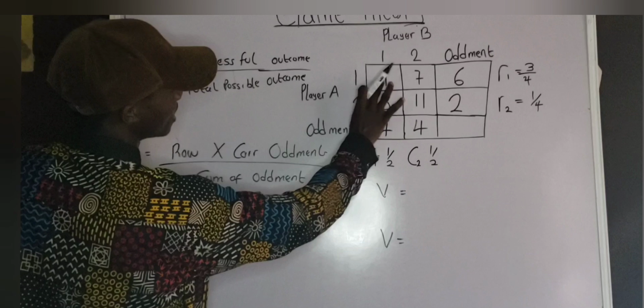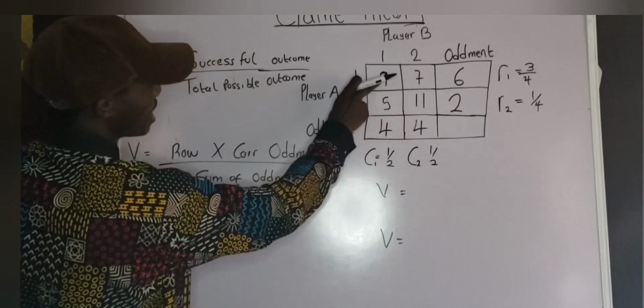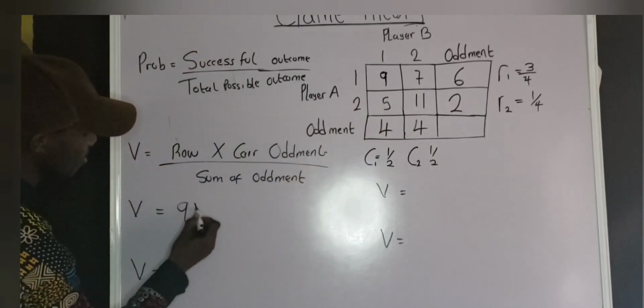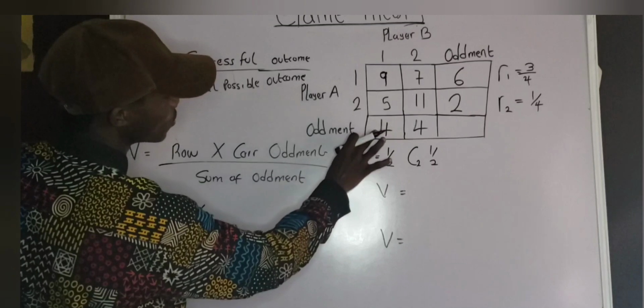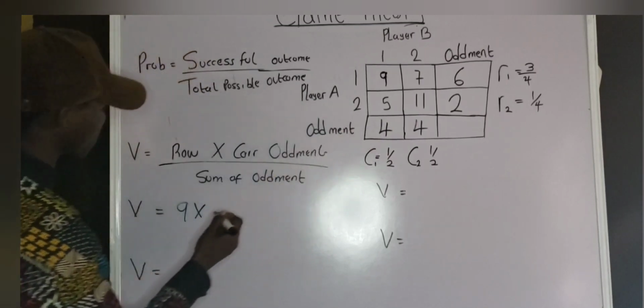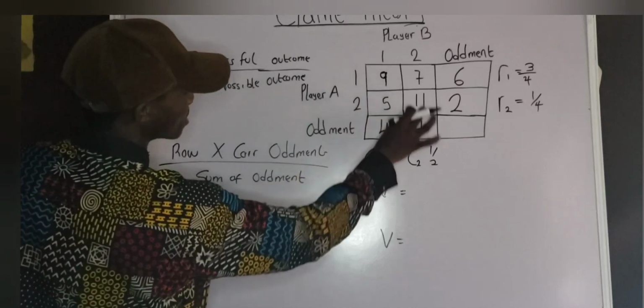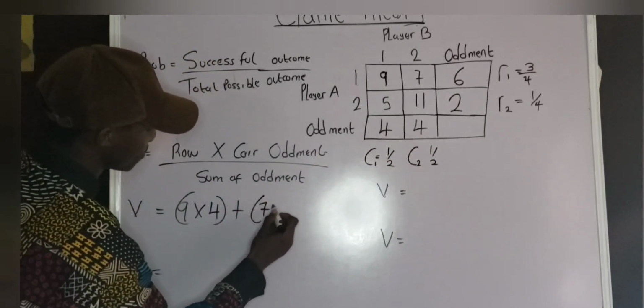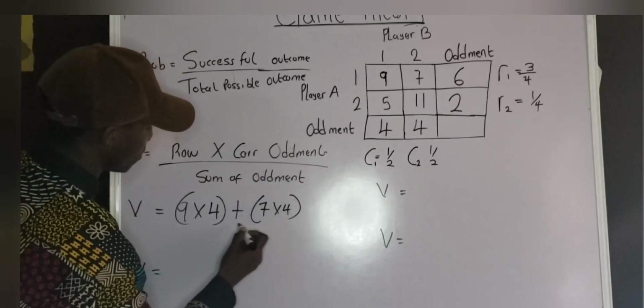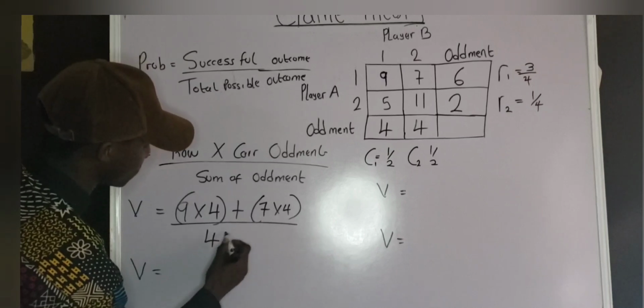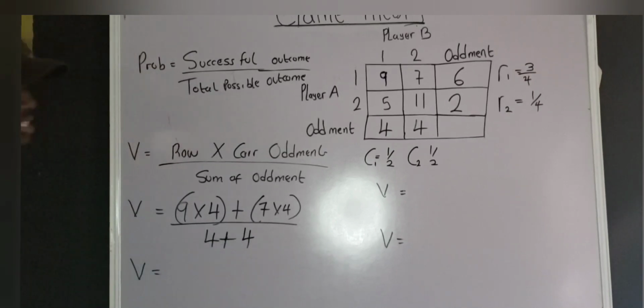The first row is what? 9 and 7. So let's start with 9. For this, I'm going to have 9 multiplied by the corresponding oddment, which is 4. So I'm going to have 9 multiplied by 4 plus 7 multiplied by 4, all over 4 plus 4. Do you understand?